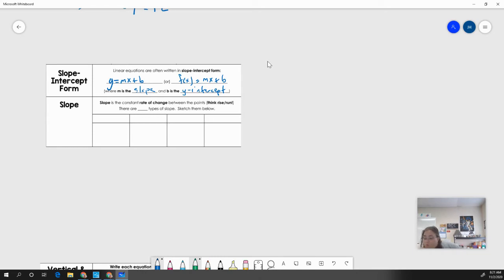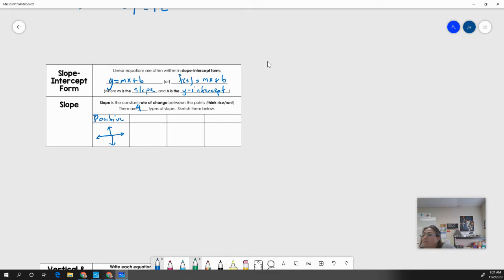Now it says slope is the constant rate of change between the points, your rise over your run. There are, sorry, my hand is numb. There are 4 types of slopes. We've got a positive slope. This is a terrible drawing of a graph, right?